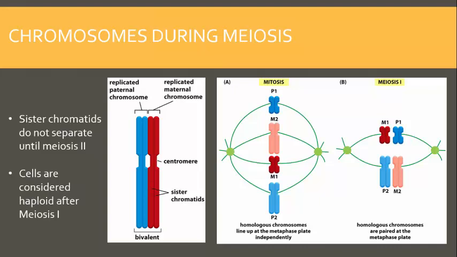This means that after meiosis 1, the 2 daughter cells still have 46 chromosomes, but these are duplicated sister chromatids and thus are not considered diploid cells anymore. They are haploid cells. In meiosis 2, these sister chromatids will split, leaving each cell only 23 chromosomes.